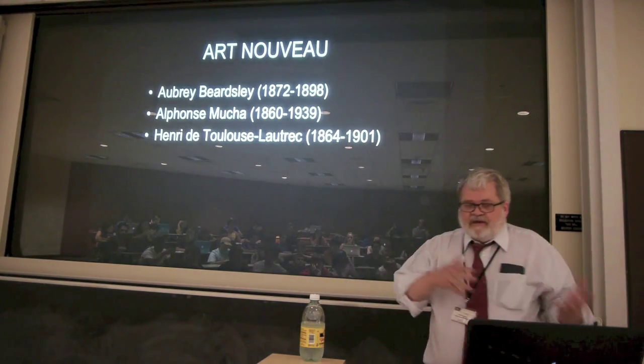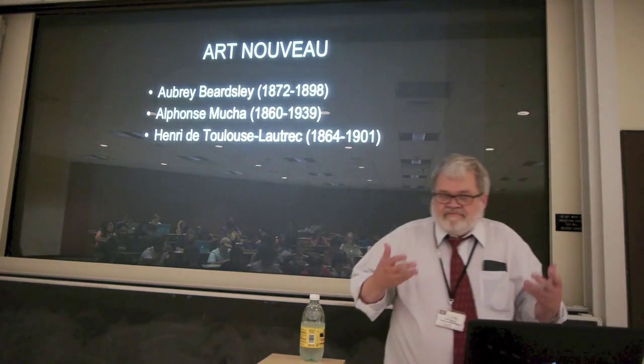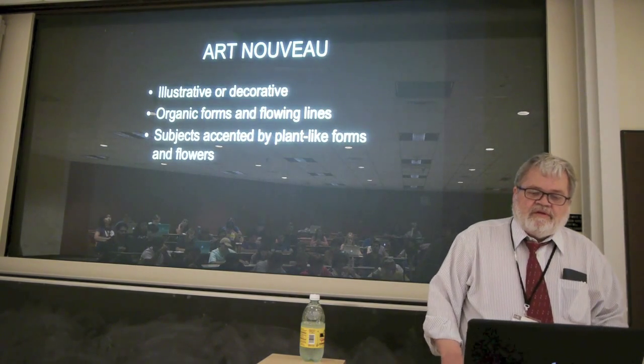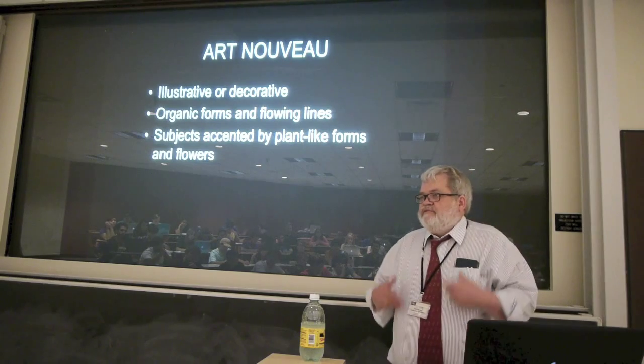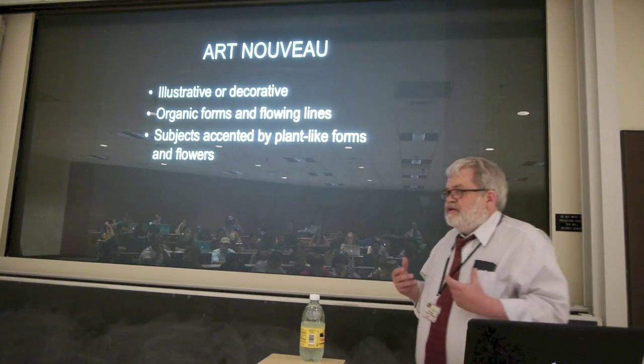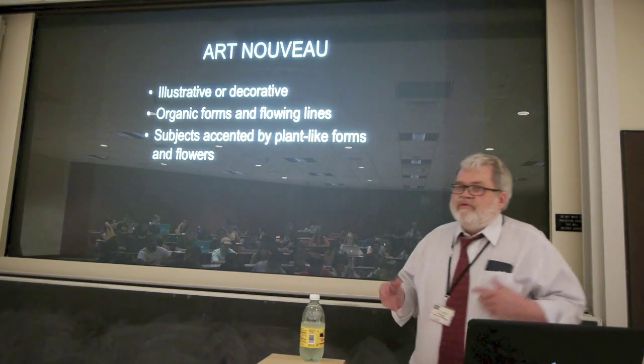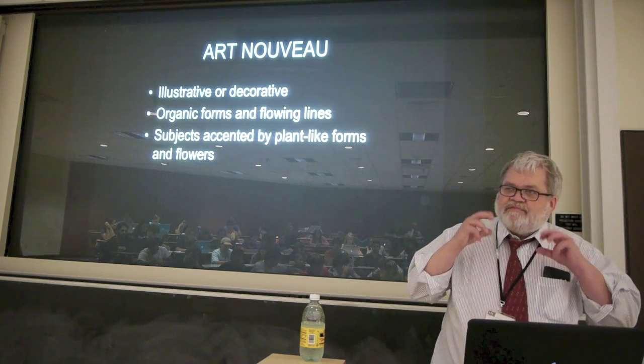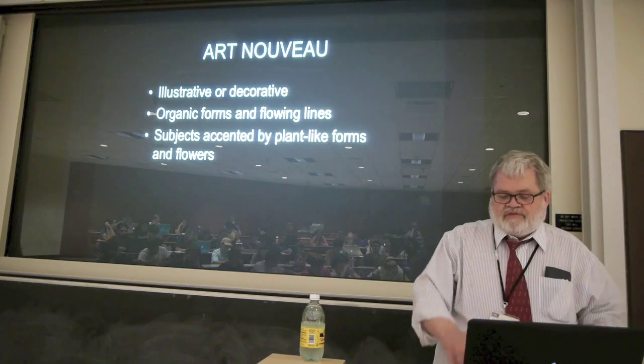Contrary to this, in France was an almost overabundance of naturalistic work in some sense with Art Nouveau. It was more illustrative, it was more decorative. It was really concerned with organic form, with the way plants were, with the way the curvature was, and you could apply those sort of forms to all sorts of subjects, not just the plants and flowers.